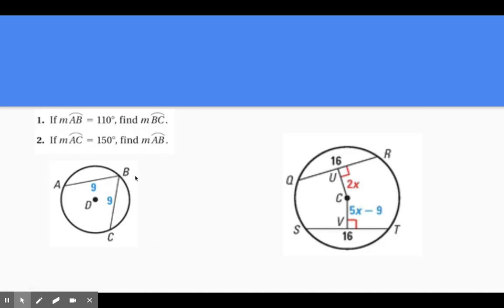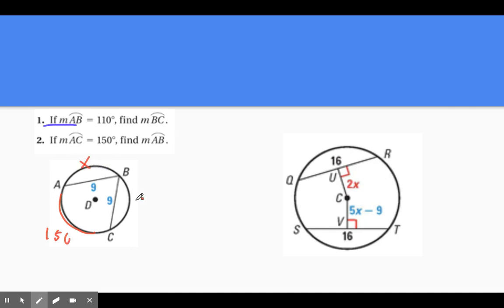Okay, also remember for segments, chords and tangents, if chords are congruent, that means the arcs are congruent. So if the measure of arc AB is 110, that means you automatically know that arc BC is 110 because the chords are congruent. In the other example, if arc AC is 150, find the measure of arc AB.